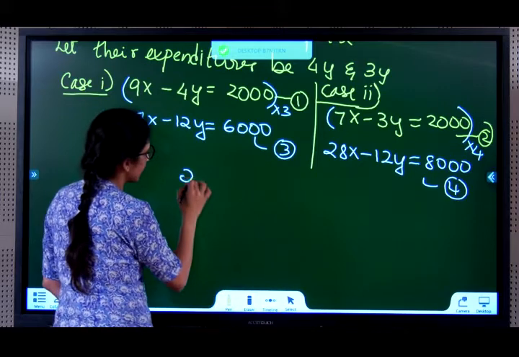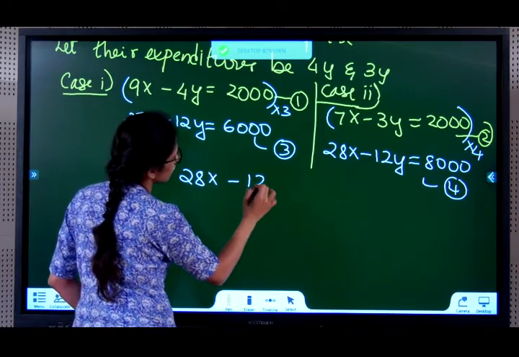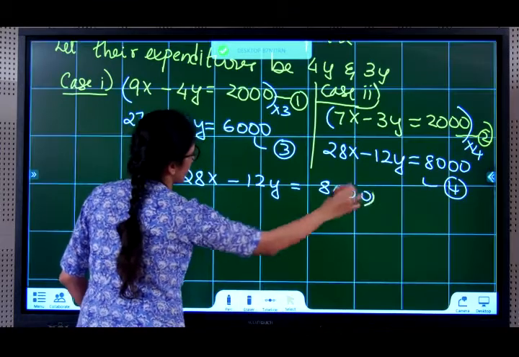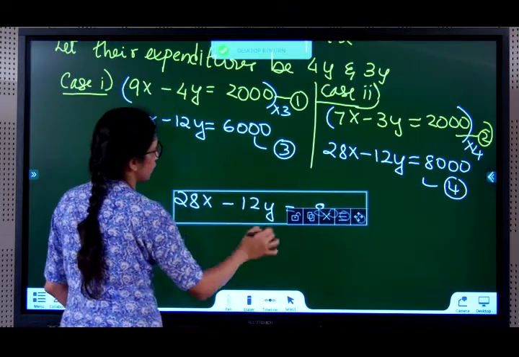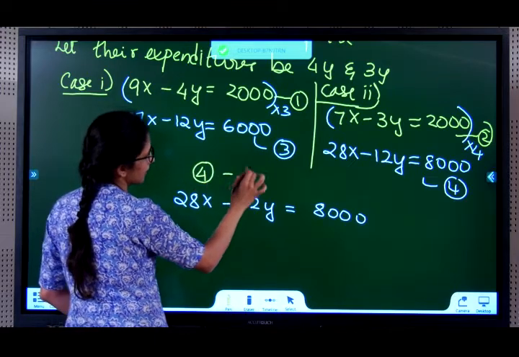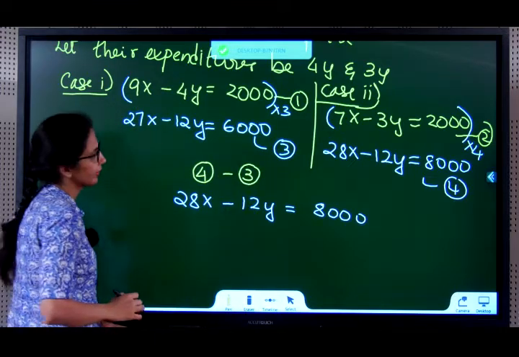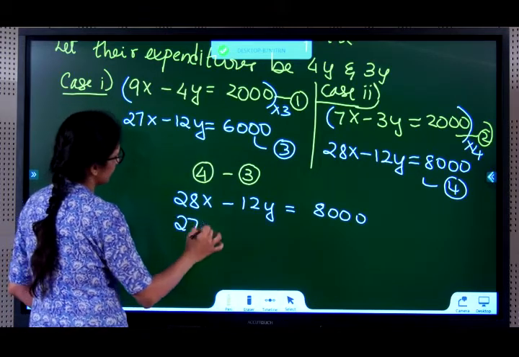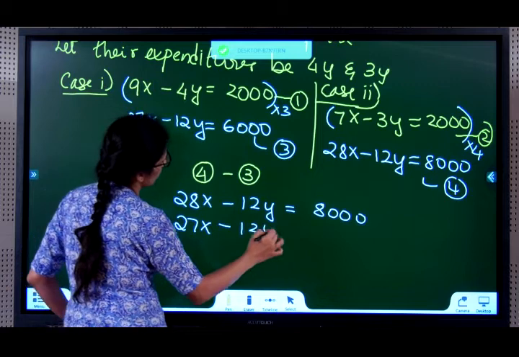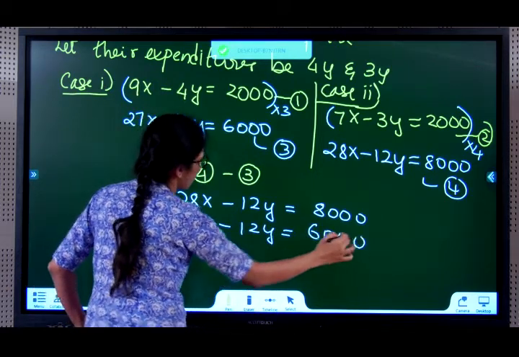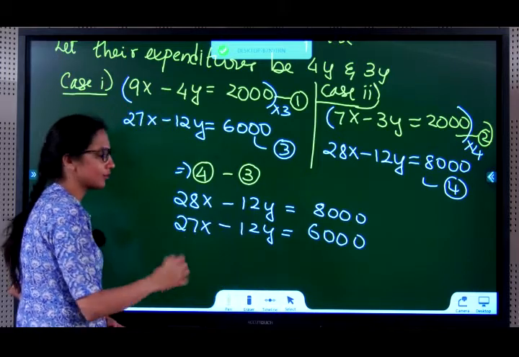So I have 28x minus 12y is equal to 8000, right? This is equation 4. If I take equation 4 and from that I subtract equation 3, see how? This is 27x minus 12y is equal to 6000. Whenever you are subtracting, signs change.